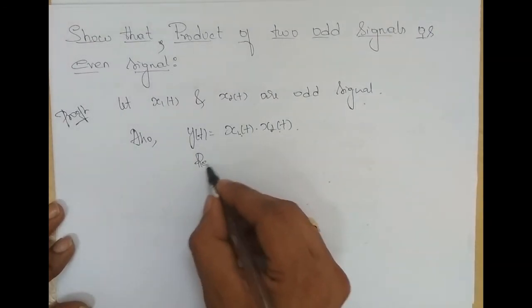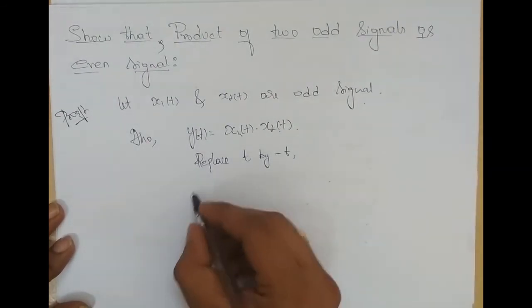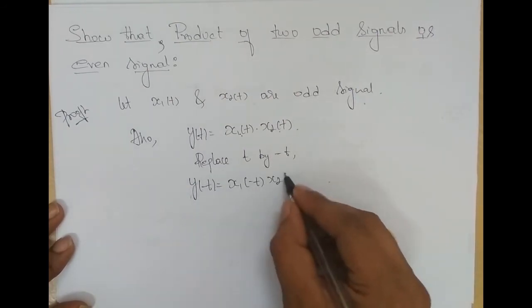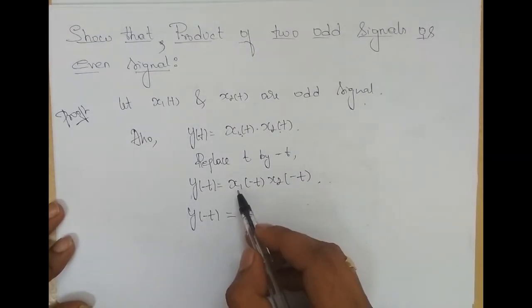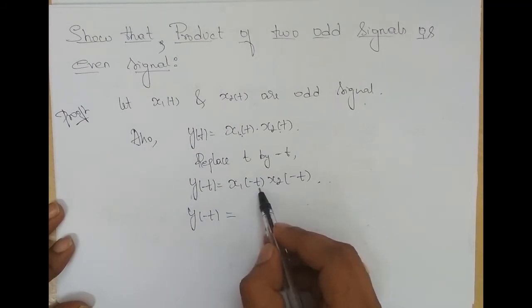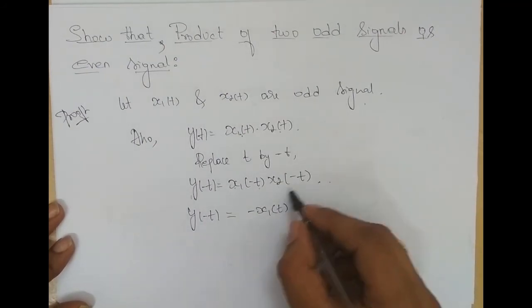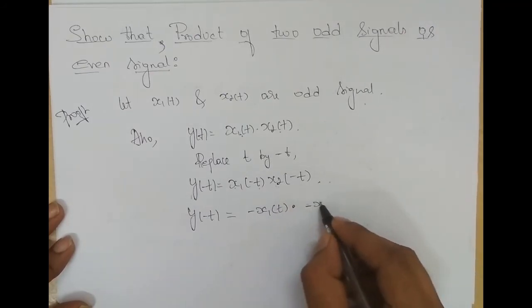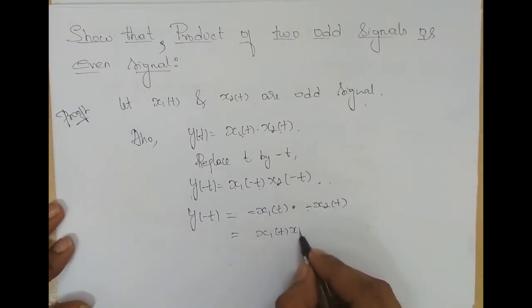So replace t by minus t. So what do I get? y(-t) is equal to x1(-t) into x2(-t), right? x1(t) is an odd signal. What is the condition for a signal to be odd? x1(-t) is equal to minus of x1(t). Again, x2(-t) is minus of x2(t). So this is equal to minus into minus, plus. I get x1(t) into x2(t).